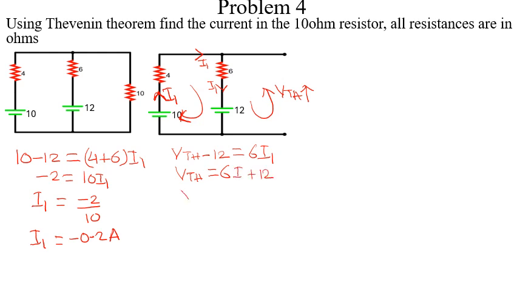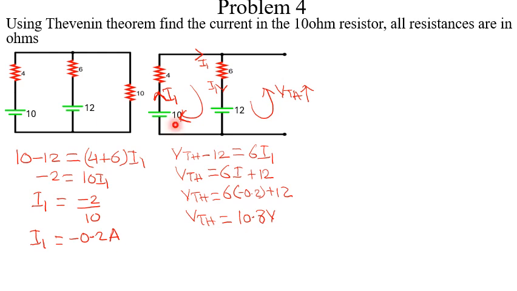So VTH equals 6 times minus 0.2 plus 12. When we do the mathematics, we get VTH equal to 10.8 volts.